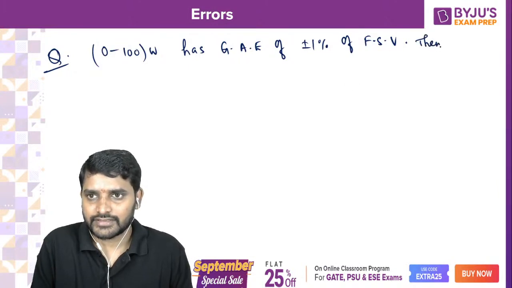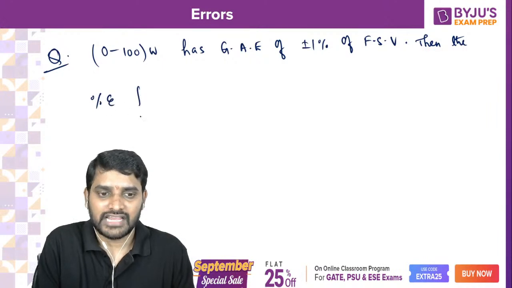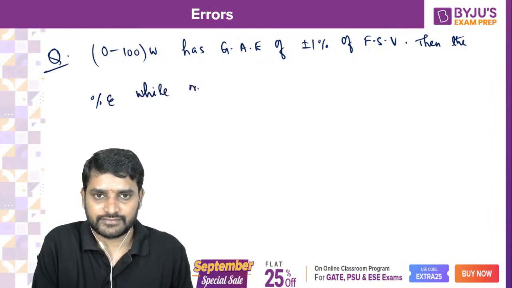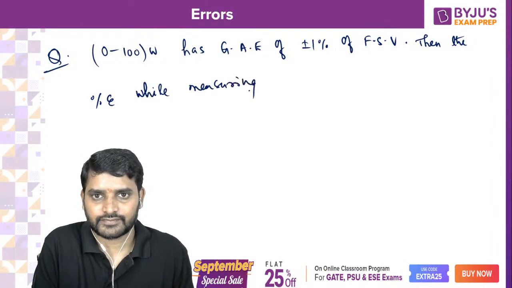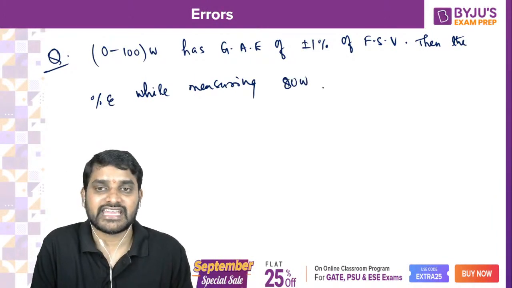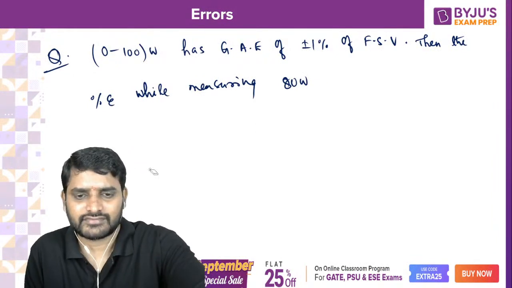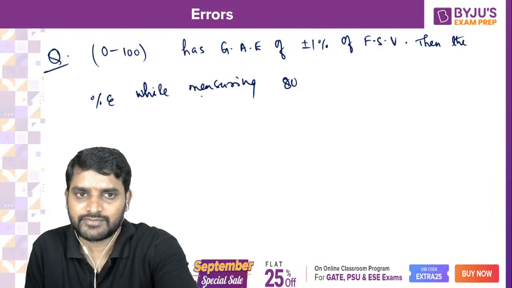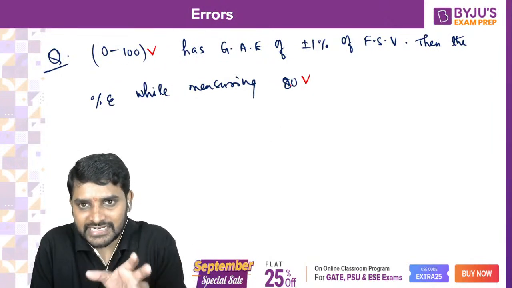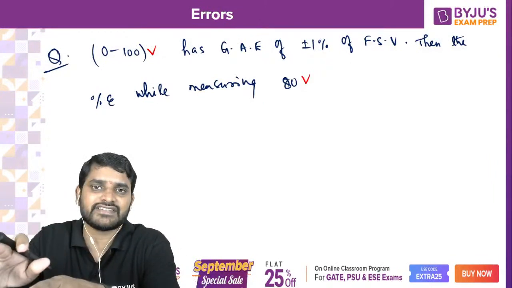Now, the percentage error or percentage limiting error while measuring 75 watts or otherwise 80 watts. Let me take up 80 watts. If you're feeling uncomfortable with watts, you can take up volts also, no issues. So this is my voltmeter range. In that range, I can measure any value from 0 to 100. You measure any value, 1% deflection error will be there.